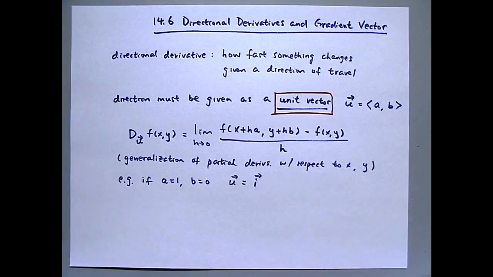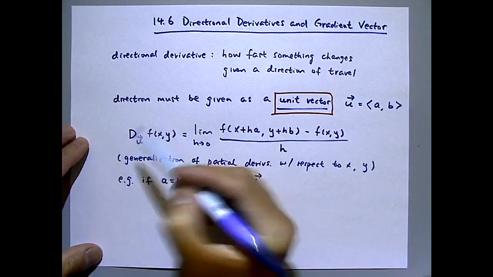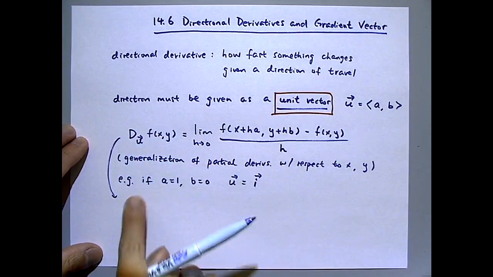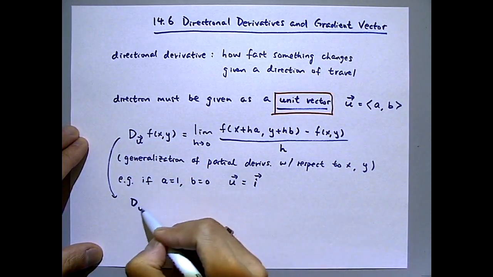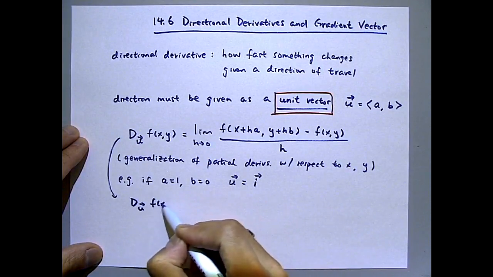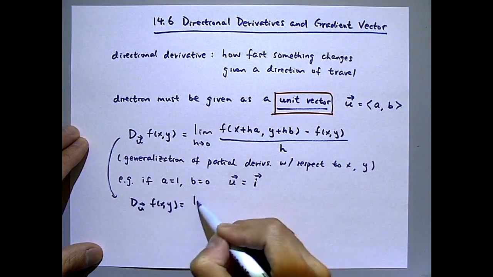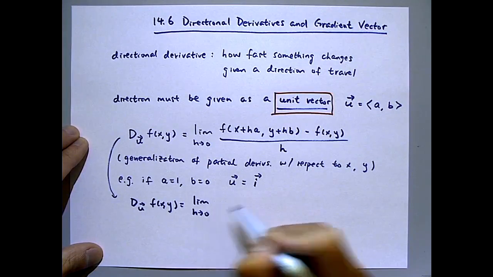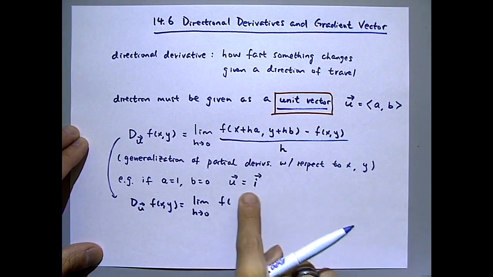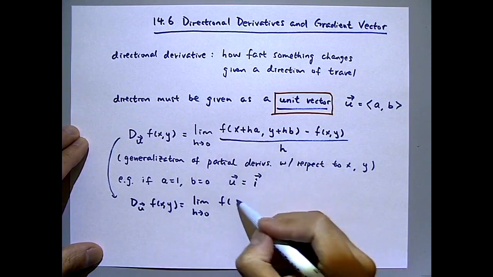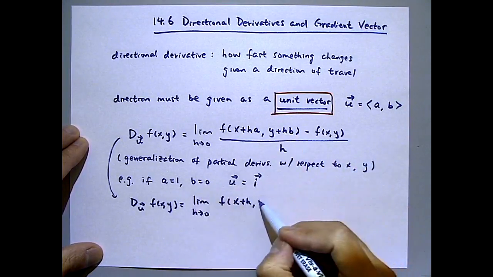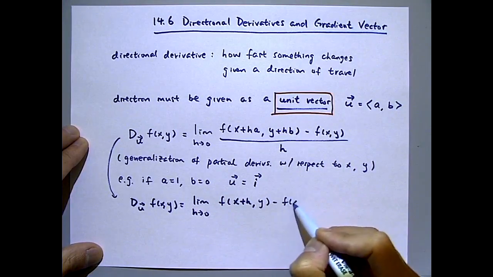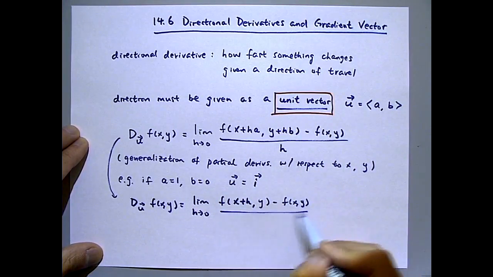That's the i vector. So the directional derivative in this instance, looking at the limit definition here, with a being 1, is f of x plus h. No b now, so y is fixed, minus f of x, y, over h.